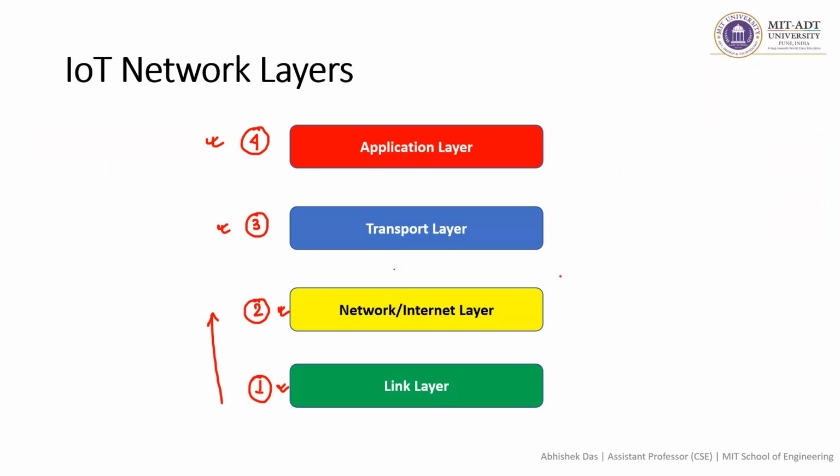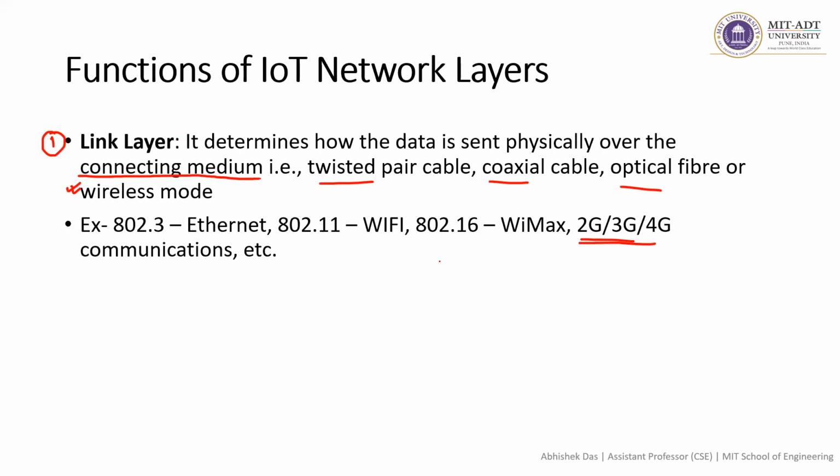That is the function of the application layer: to check how the layers below it, that is the transport layer, the network layer, and the link layer, are communicating among themselves. This part is checked by the application layer.